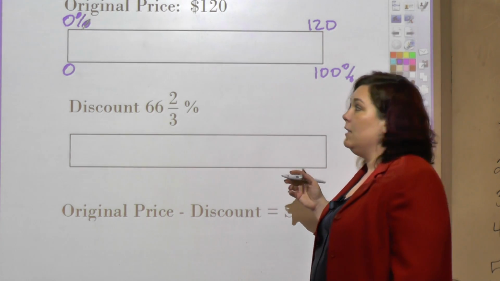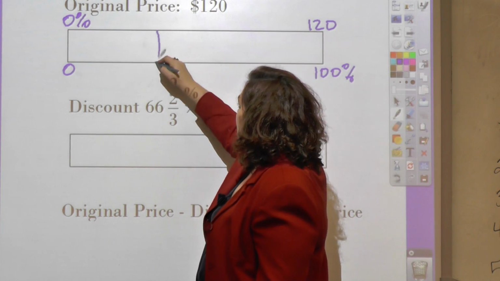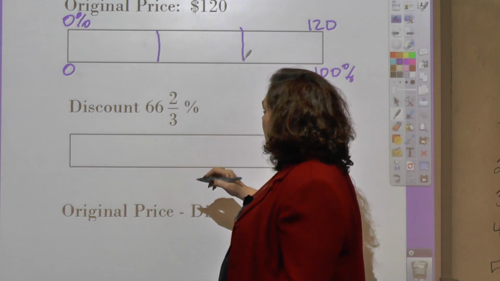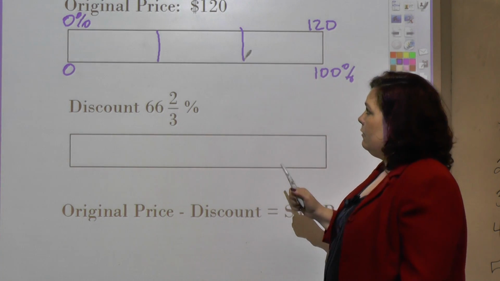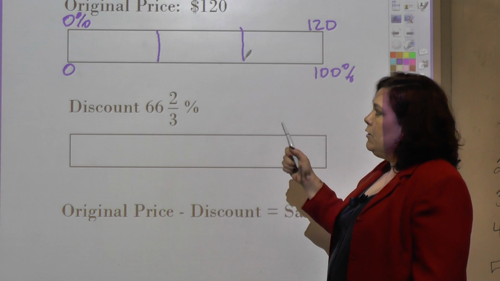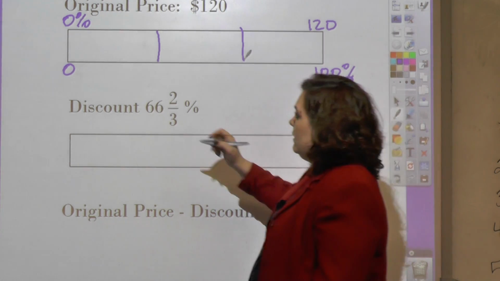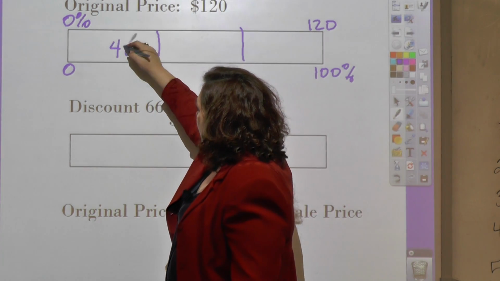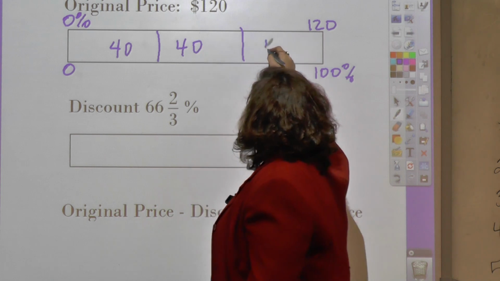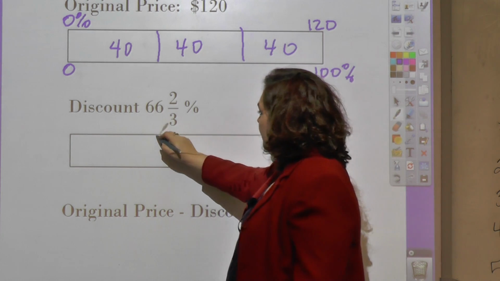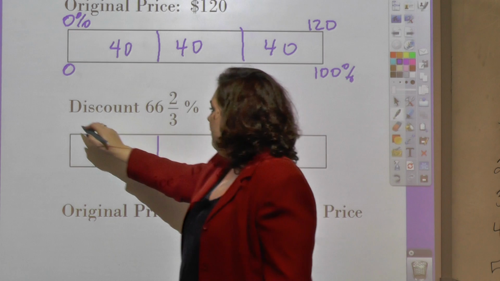Well, the only way to get that is to divide into 3 parts. And so then to divide into that 3 parts, 120 would go into 3 parts, and it would be $40 per part.